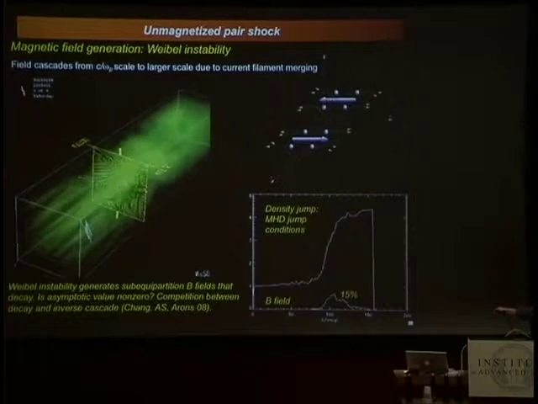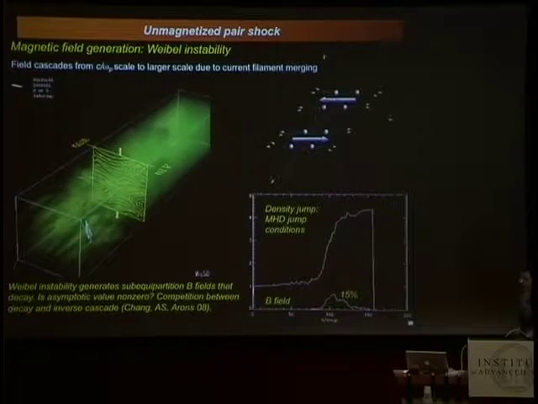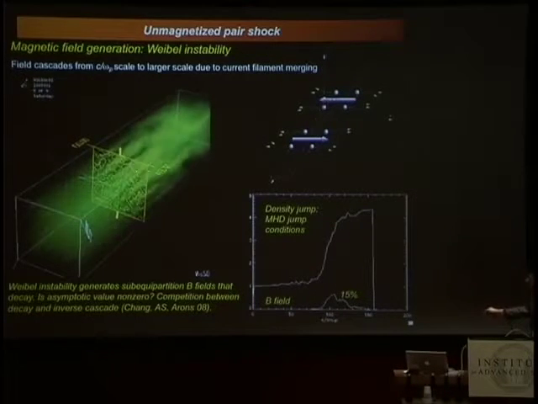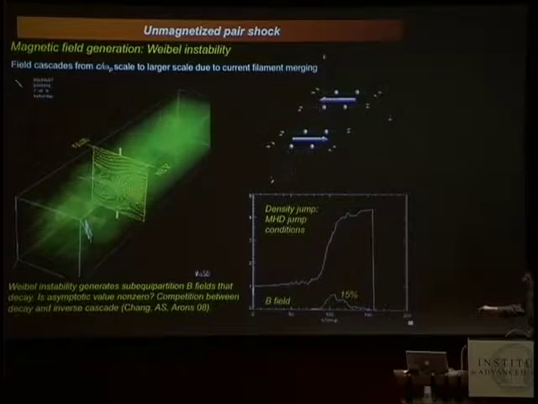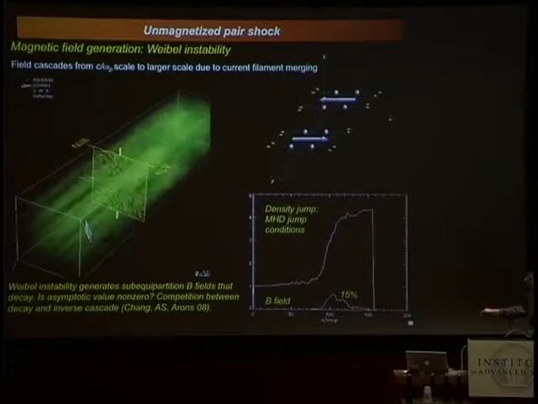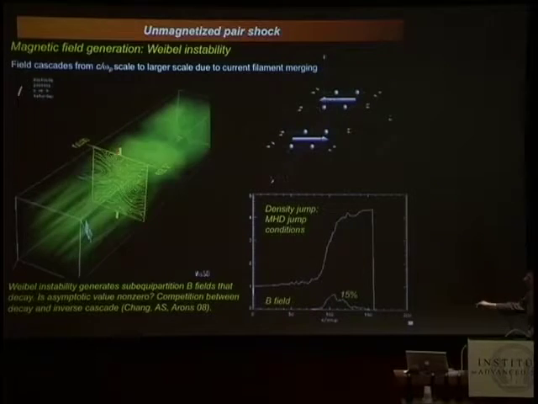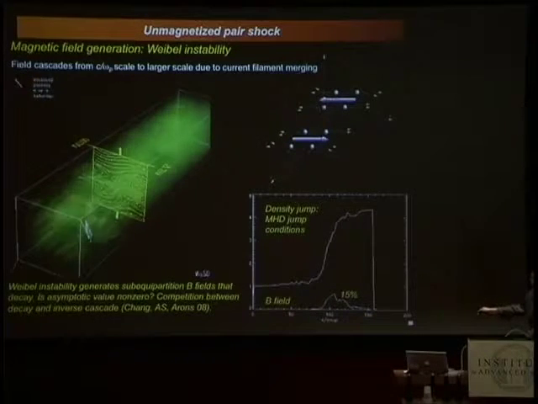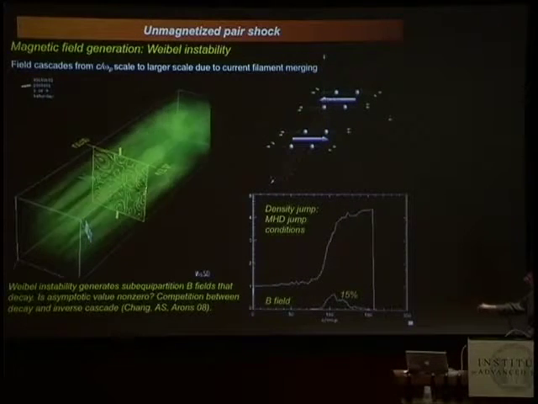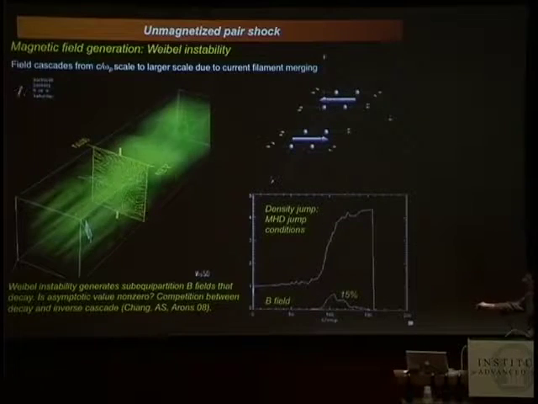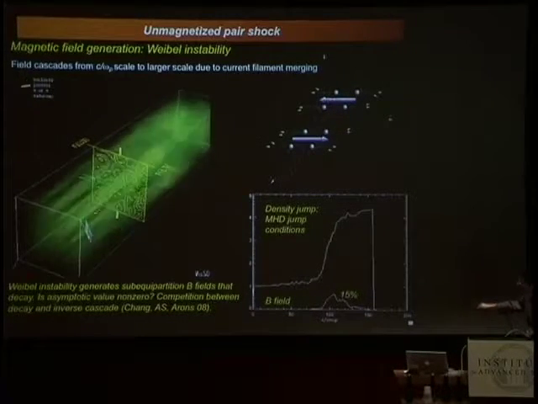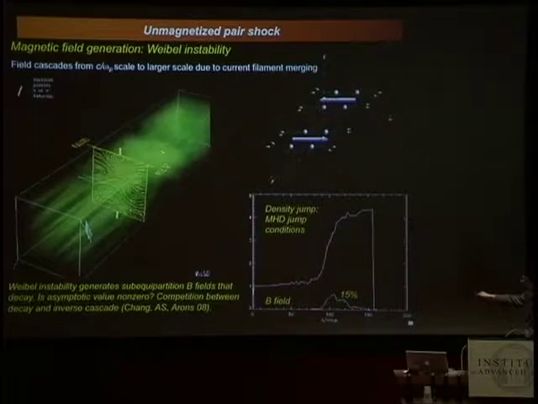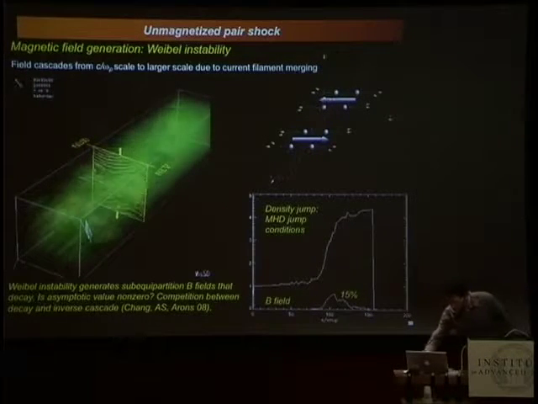So there is a particular instability called the Weibel instability that takes the free energy of the counterstreaming and forms loops of magnetic fields. And you can see that those loops start on small scale, and then they grow to larger and larger scales. And these transverse magnetic fields can deflect particles. And that deflection slows down the flow. So the main flow comes in like this and decelerates in the background behind the shock.